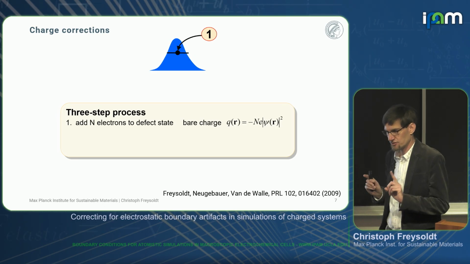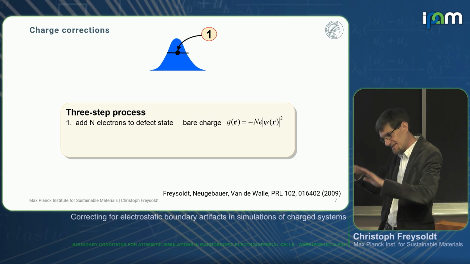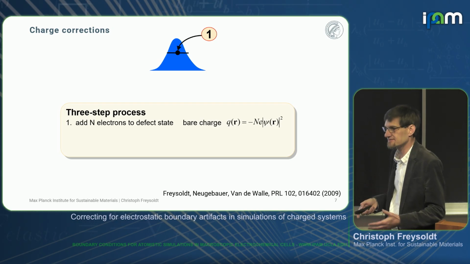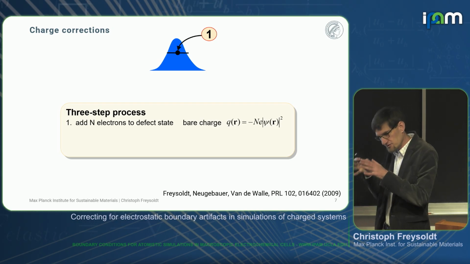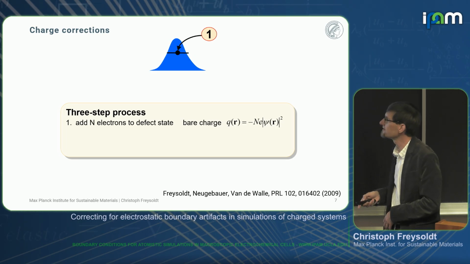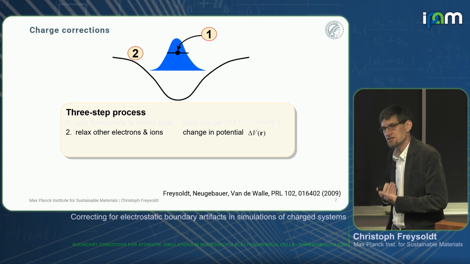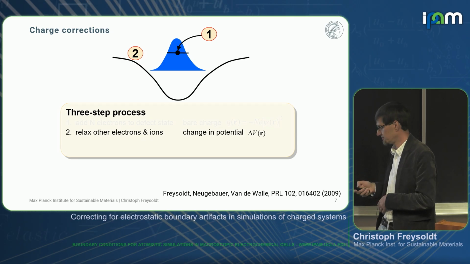Now, in the second step, we say, okay, now there is this extra charge. Let the electrons do whatever they want to do. Let the electrons relax, and if we have an ionic system, maybe also let the ions relax to new positions. And this gives rise to a change in the electrostatic potential that we expect directly from the DFT.